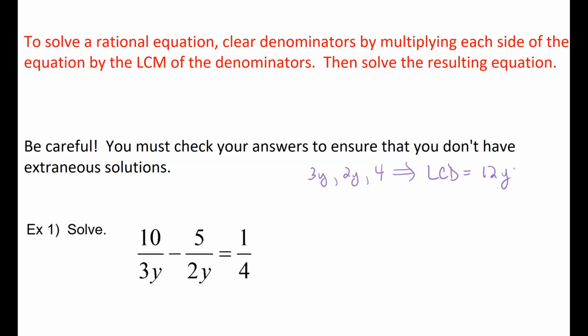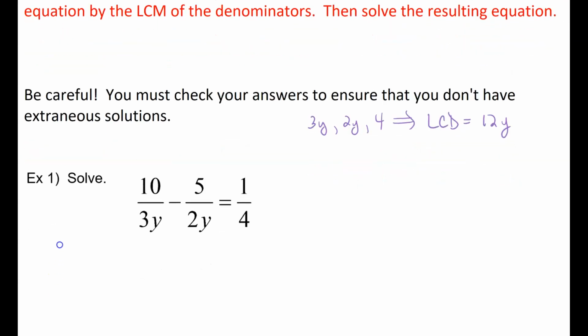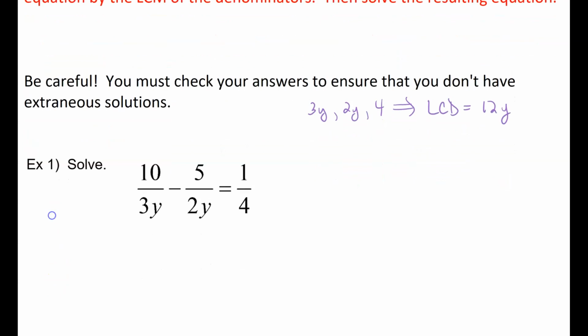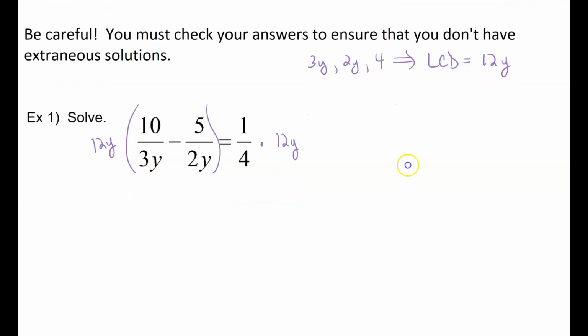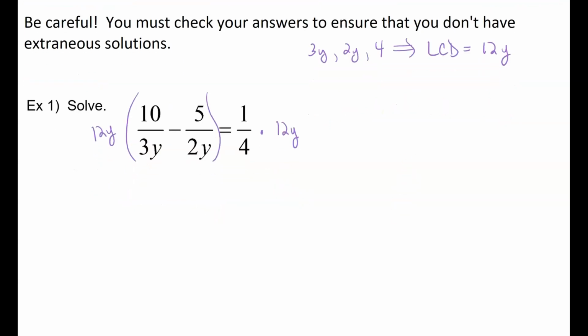And so we're going to multiply that 12y to both sides of the equation. So on the left side, I'm going to put parentheses around here and show that we're multiplying by 12y, and we're also going to do that to the right side.